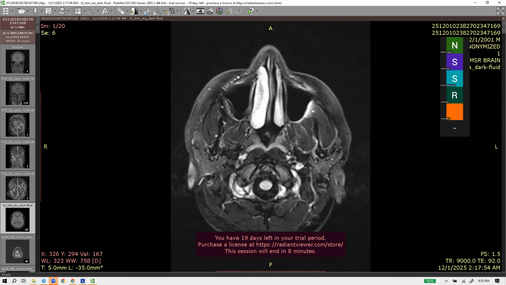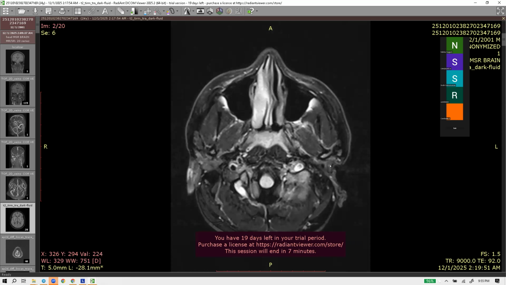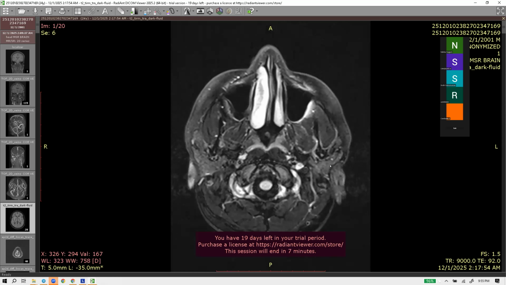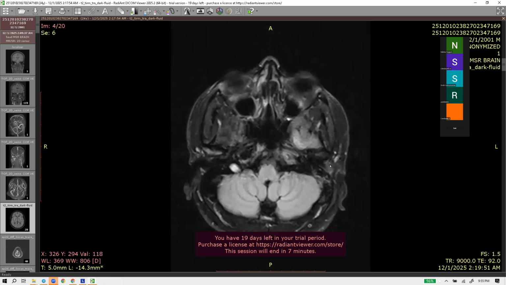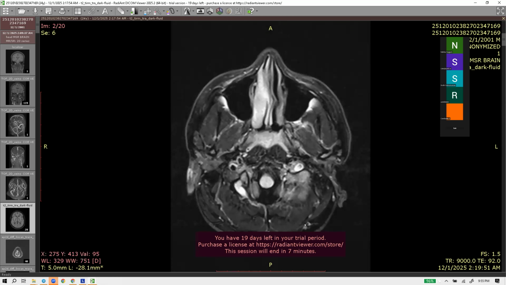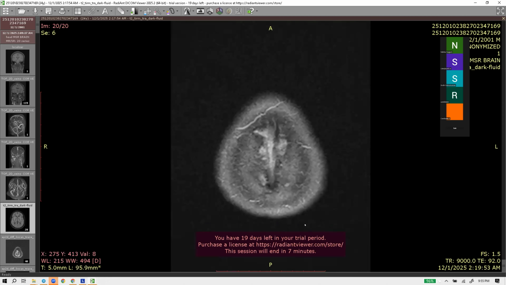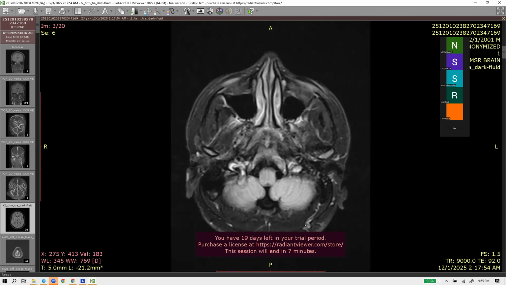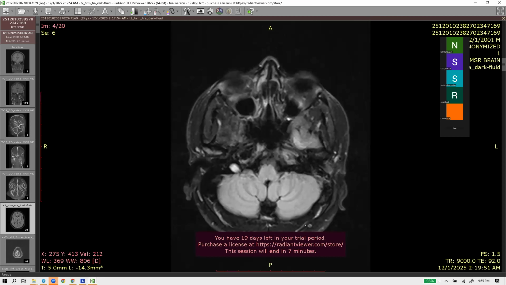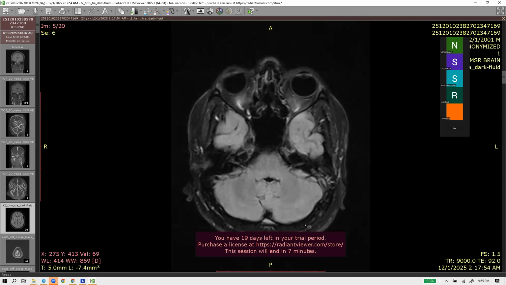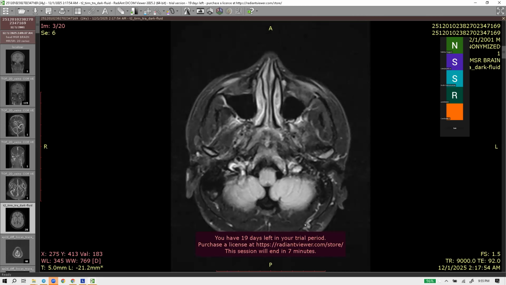Okay, so I can see that there is a dissection of the sorry, I cannot find any further abnormality.